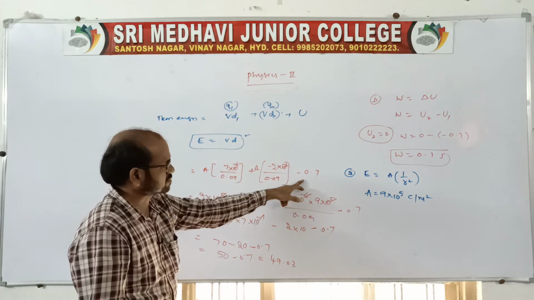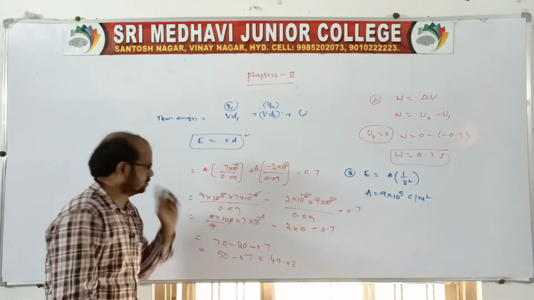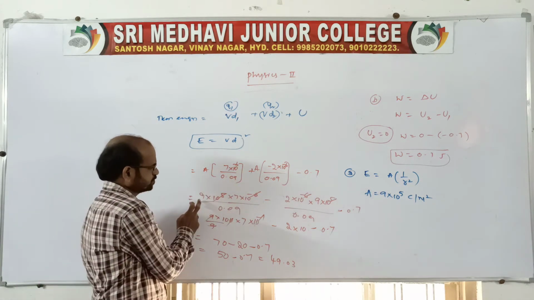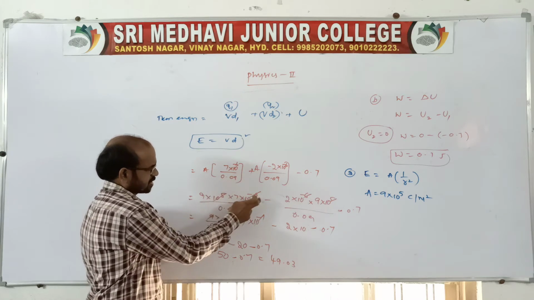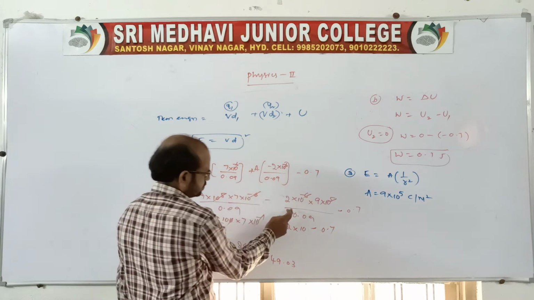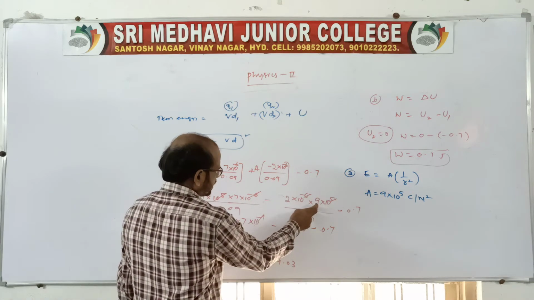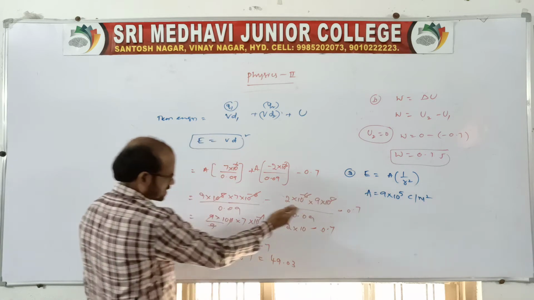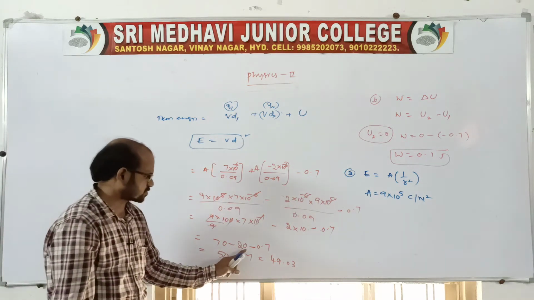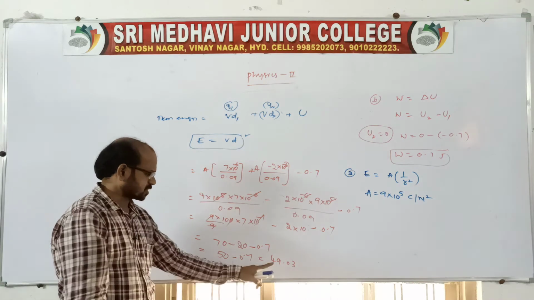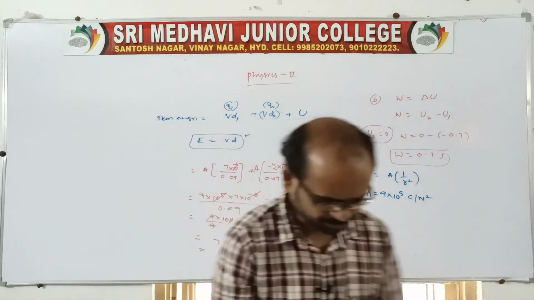The energy is given as minus 0.7. So do it like this: 9 into 10 power 5, 7 into 10 power minus 6 by 0.09, minus 2 into 10 power minus 6 into 9 into 10 power 5. Cancel the similar terms, then we get 70 minus 20 minus 0.7, so approximately 49.03.